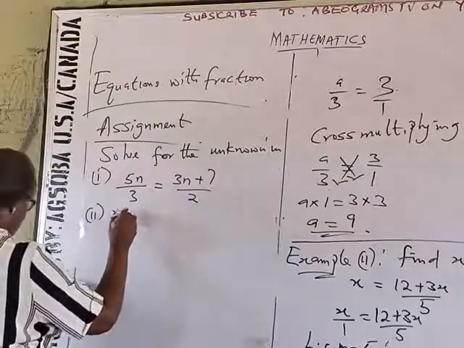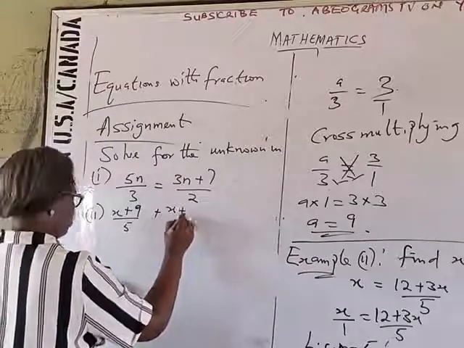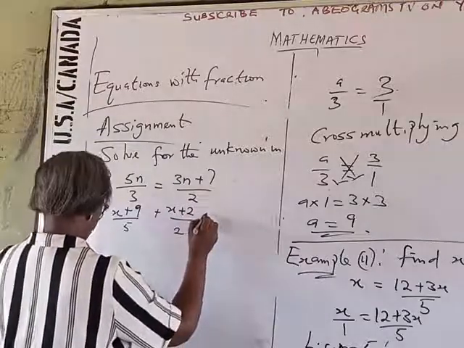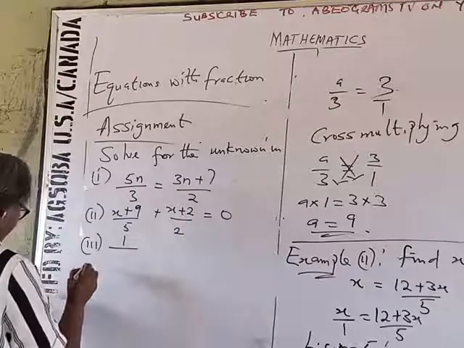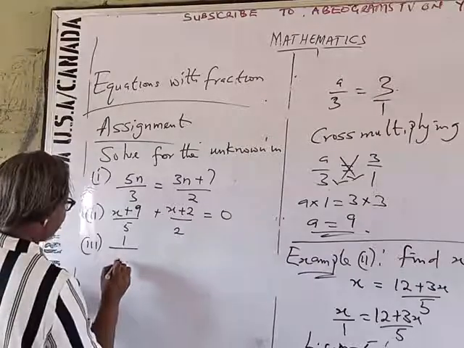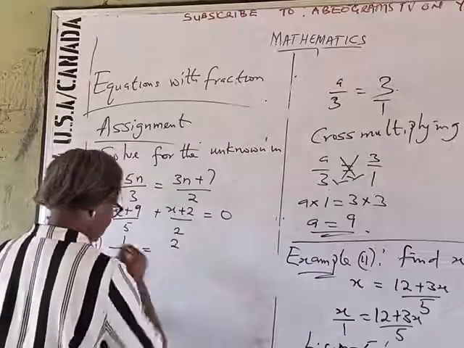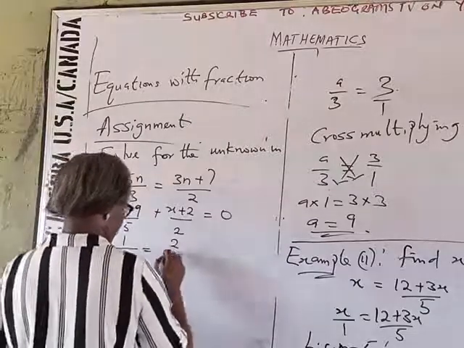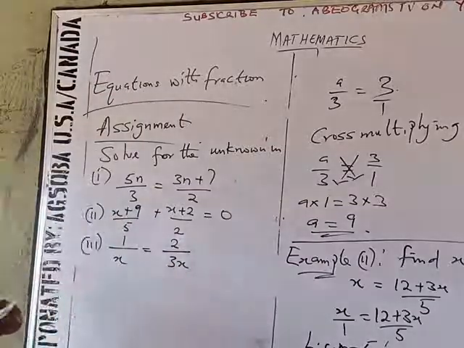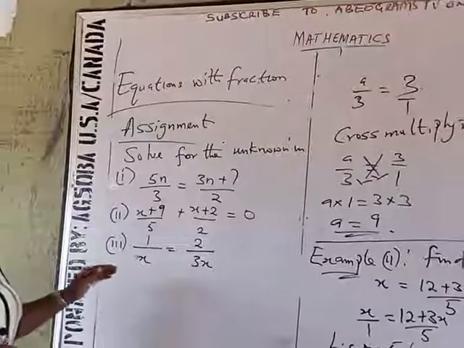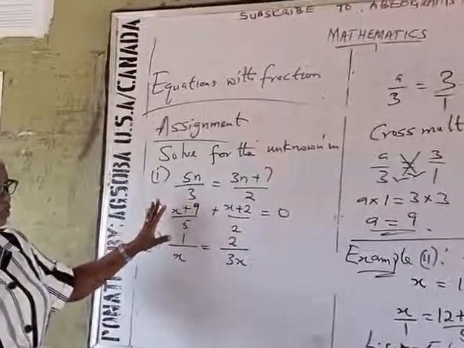Also, x plus 9 over 5 plus x plus 2 over 2 equals 0. Now 1 over x equals 2 over 3x. So I'm going to take it up from here next class. I want you to try to solve this, and I'll take it up from there. We'll do the correction to this.